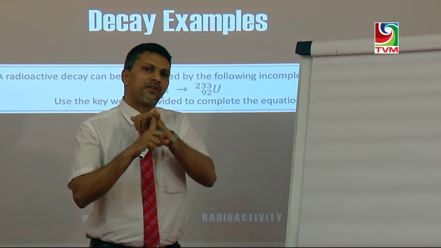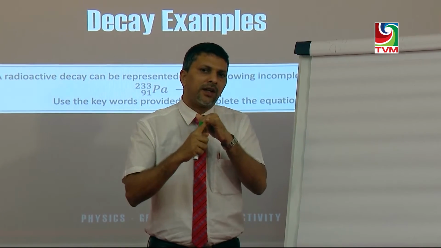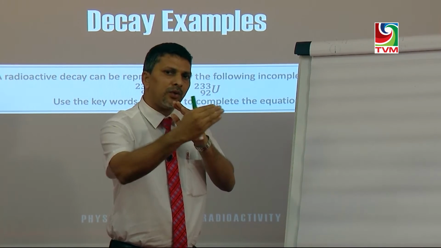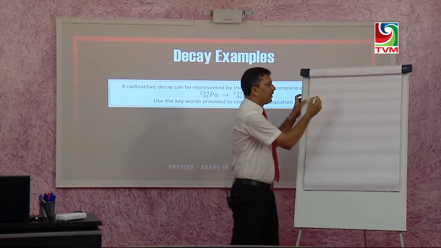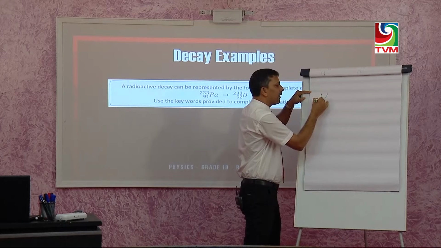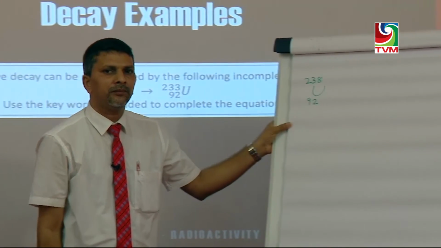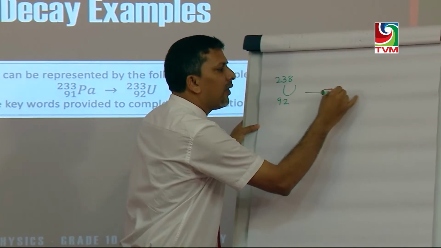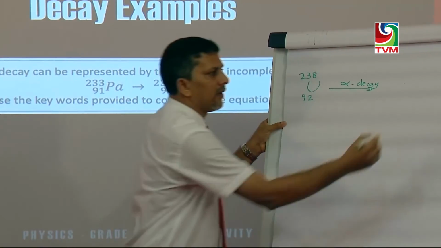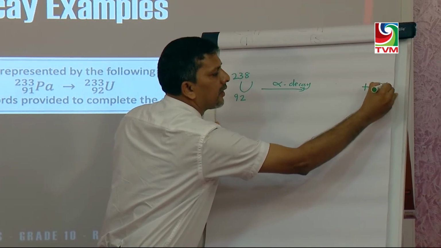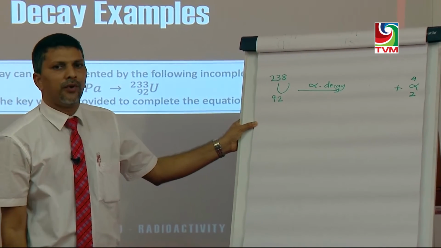We can check with some examples. When an alpha decay occurs, as I already mentioned, the atomic number decreases by 2 and the mass number decreases by 4. I will explain with one example. Now look, uranium 92, 238, and an alpha decay occurs. Now we can write the alpha particle, the same as a helium nucleus, as 2, 4.